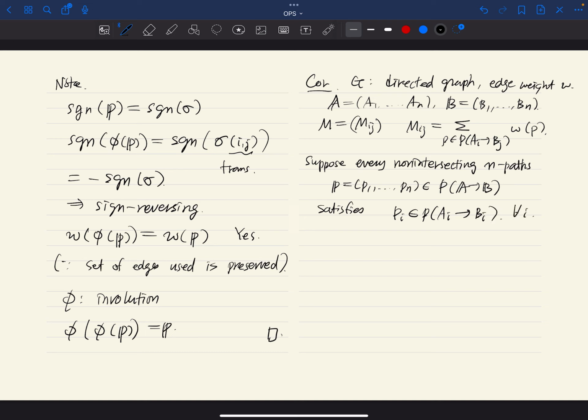That means the ith starting point must be matched to the ith ending point. Suppose that we have that condition.